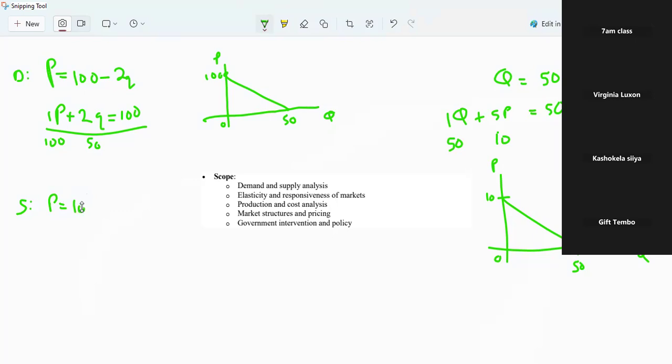Okay, 10 plus 3Q. So we're going to put the letters together. It's going to be P minus 3Q is equal to 10. Yeah?